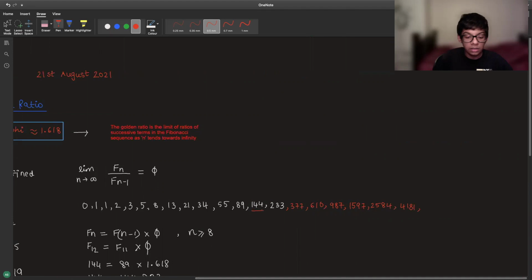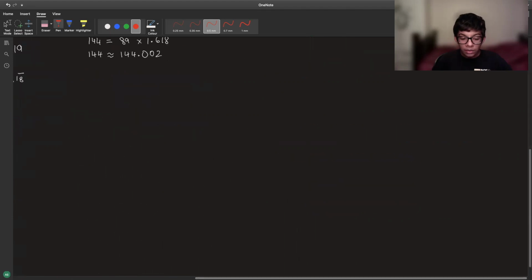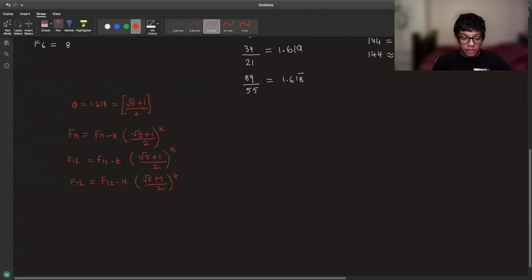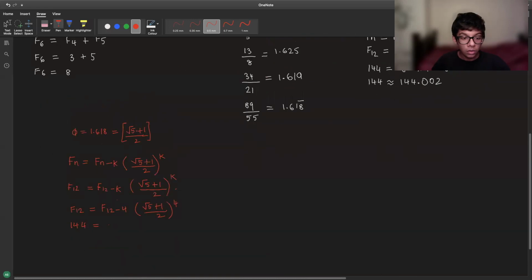Okay, this is our 13th term. So we already know the value of f(12). We're just doing this example to cross-check our formula. So 144 equals f(12-4), which is f(8), which we know is the 9th term in the sequence. So f(8) equals 21 times ((root 5 plus 1) upon 2) raised to 4.